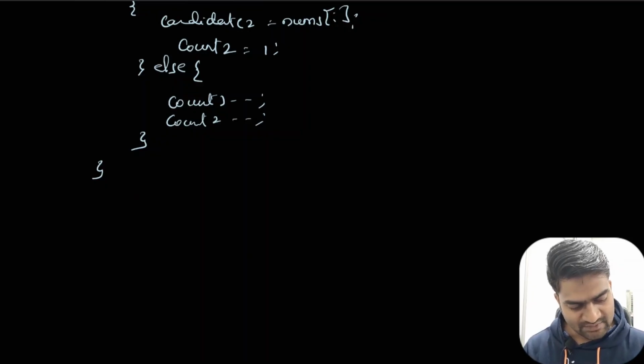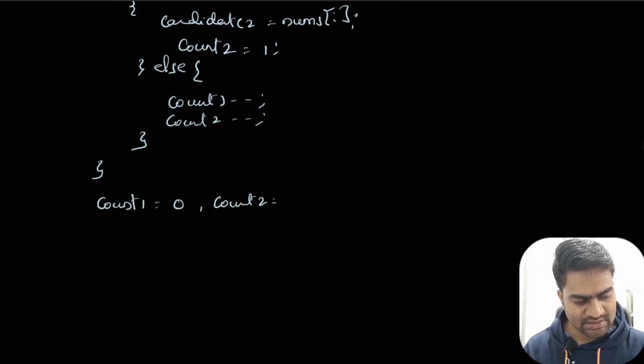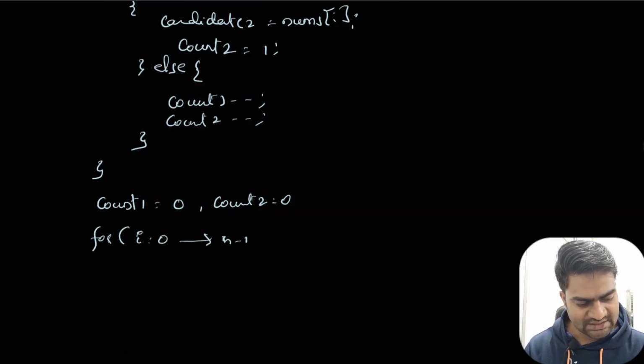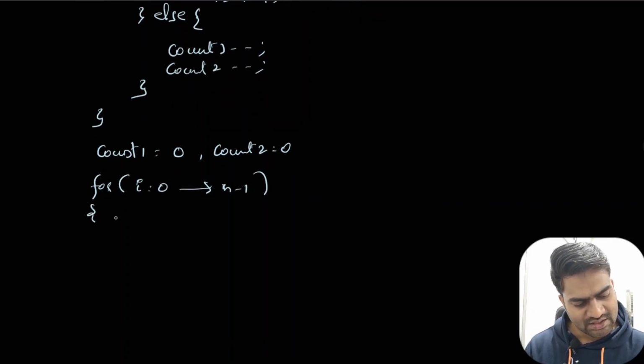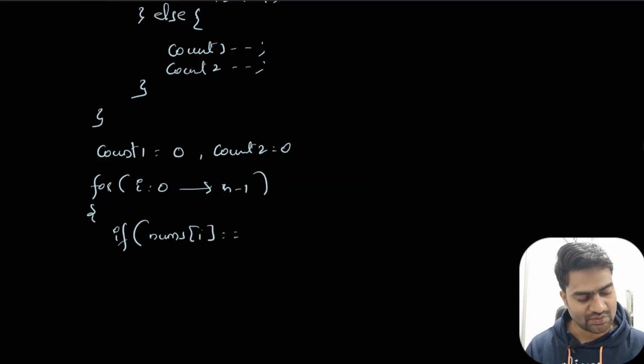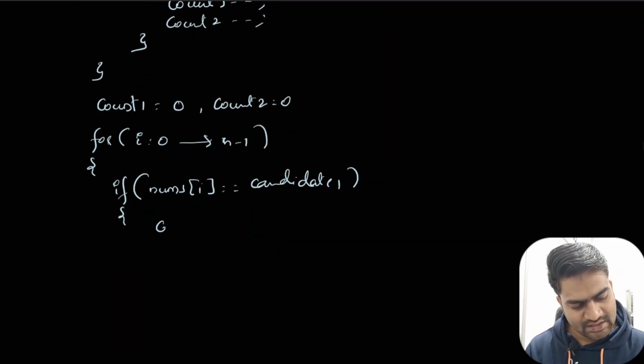So now what I will do, I will reset my count 1 to 0 and count 2 to 0. Okay. Then I will use for again i equal to 0 to n minus 1. What I will do, if nums of i is equal to my candidate 1, then I will say count 1 plus plus.